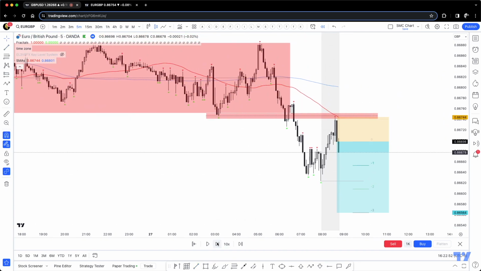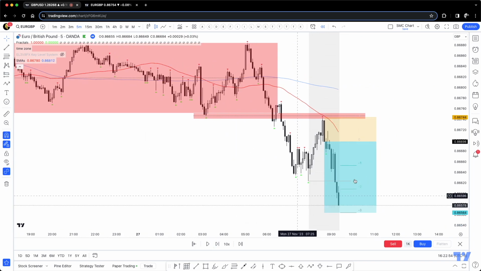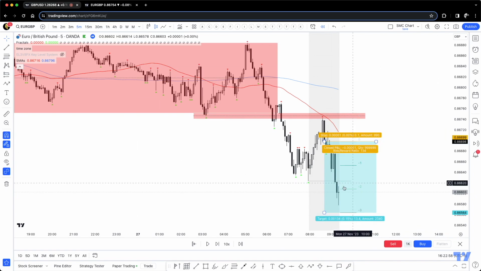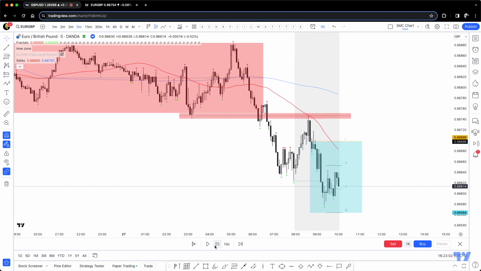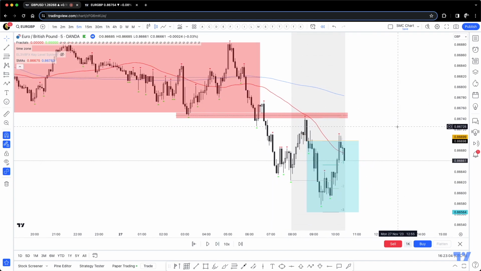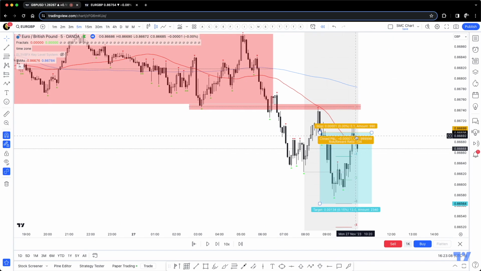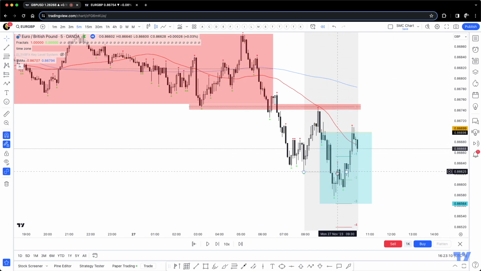So let's see what the price is going to do. Boom, as soon as it hits that, I should be on break even, taking partial profits and probably holding the rest. Oh, got me out of break even. Okay, fine. See why it's important to take action?